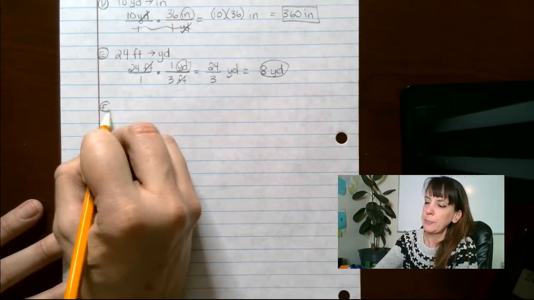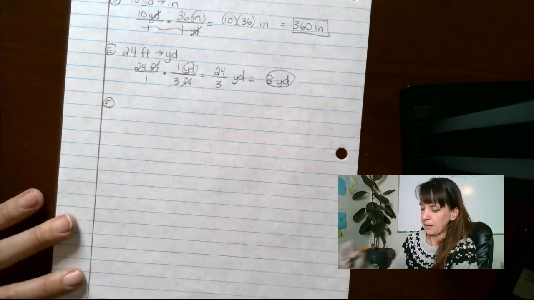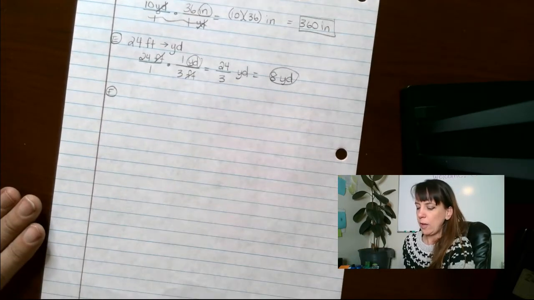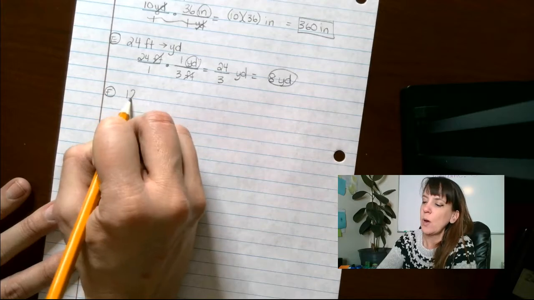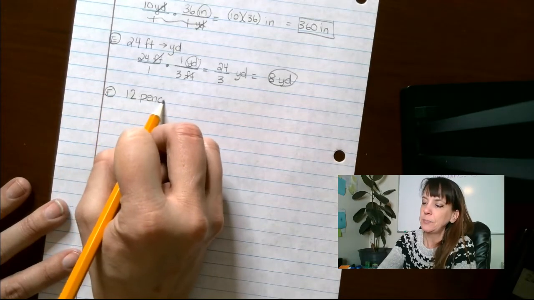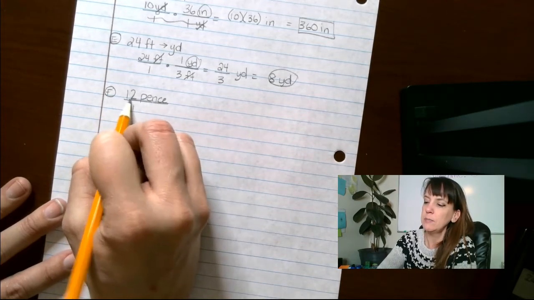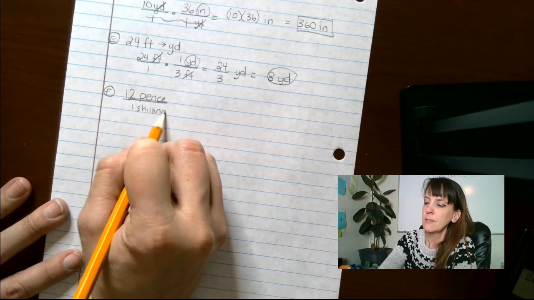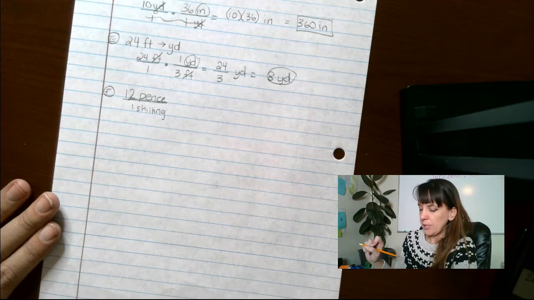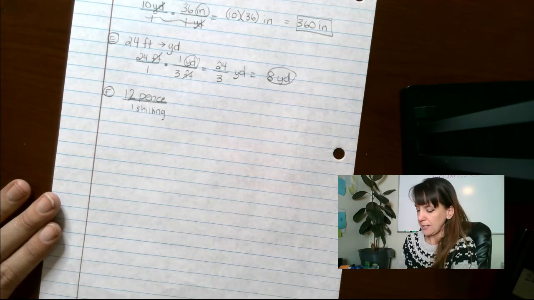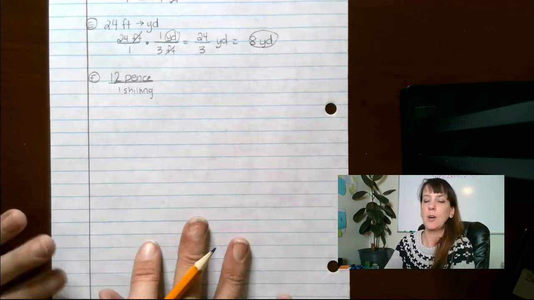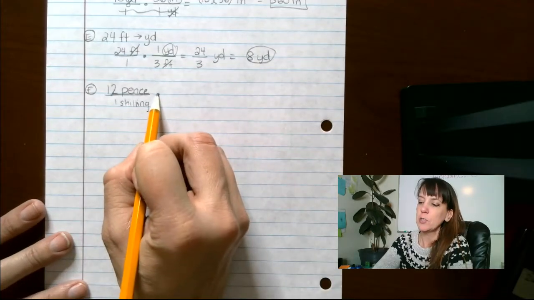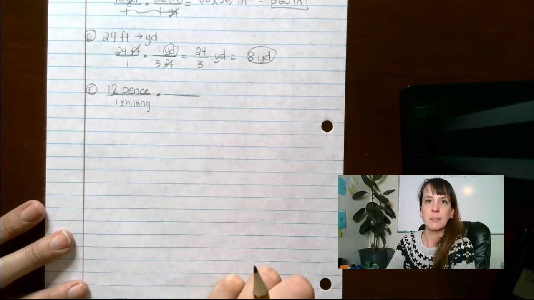E and then F. All right, so for F we have, in Old England, 12 pence equaled 1 shilling. Merlin had 24 shillings. How many, that's the same as how many pence? Well, if I multiply this by something, right?